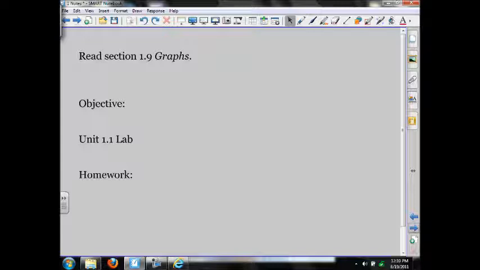Go ahead and grab your books, put them open to section 1.9.